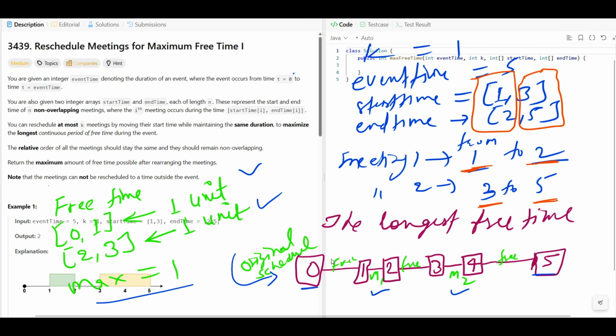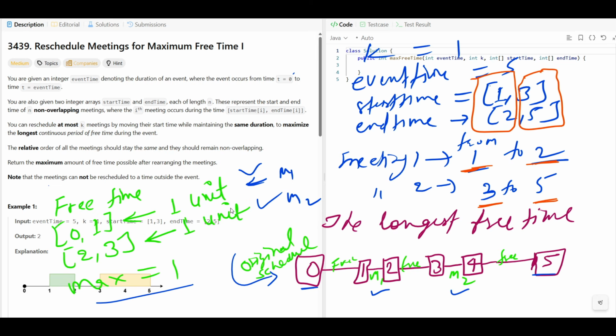So if 0, 1, 2, 3, 4, 5 is the time, and m1 and m2 are scheduled meetings, then from 0 to 1 we are free, one unit before m1. Similarly 2 and 3 is before m2, between m1 and m2 we are free.